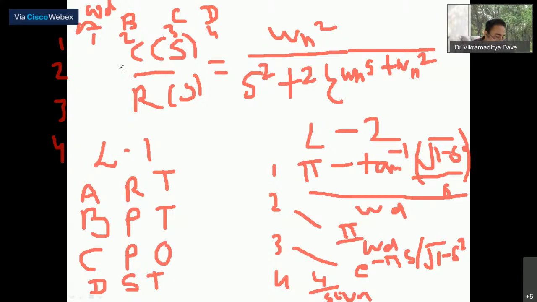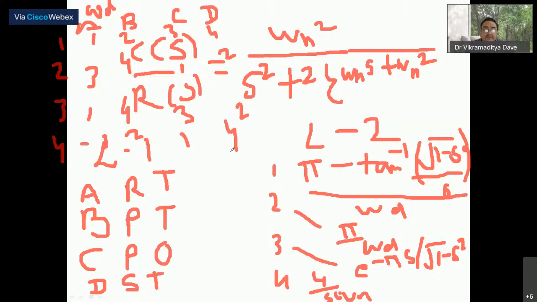The second option is 3, 4, 1, 2. The third option is 1, 4, 3, 2. And the fourth option is 3, 2, 1, 4. So what you have to do is match the following, as you do in the lower classes.